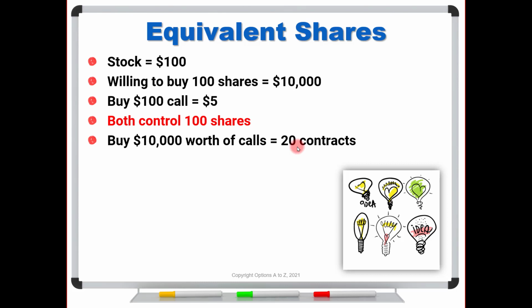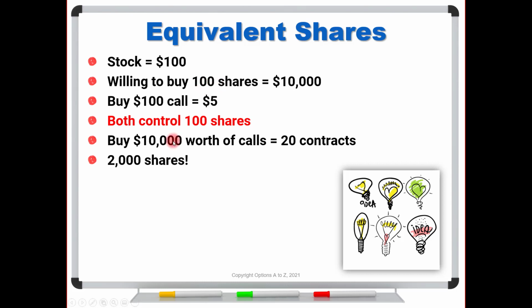And there's a couple of key reasons. The first is that you are now controlling 2,000 shares. And if you were only willing to buy 100 shares, that tells me that your comfort level is with 100 shares or 100 deltas. You're probably used to how quickly a stock can gain or lose by owning 100 shares.